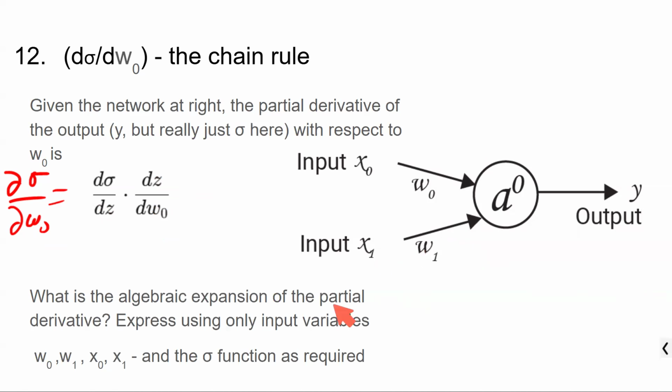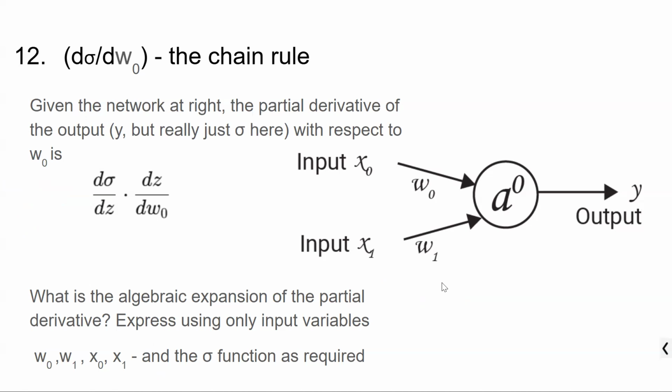That's the chain rule. I already made you do this one, right? In theory, you could punch all these values in here and substitute z. The thing I care about most is what z is. Do you know what z is? Yeah, w0 times x0 plus w1 times x1.